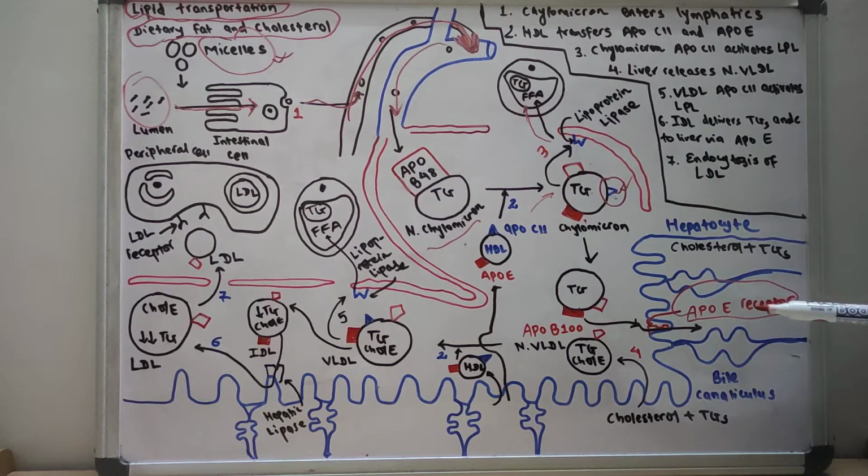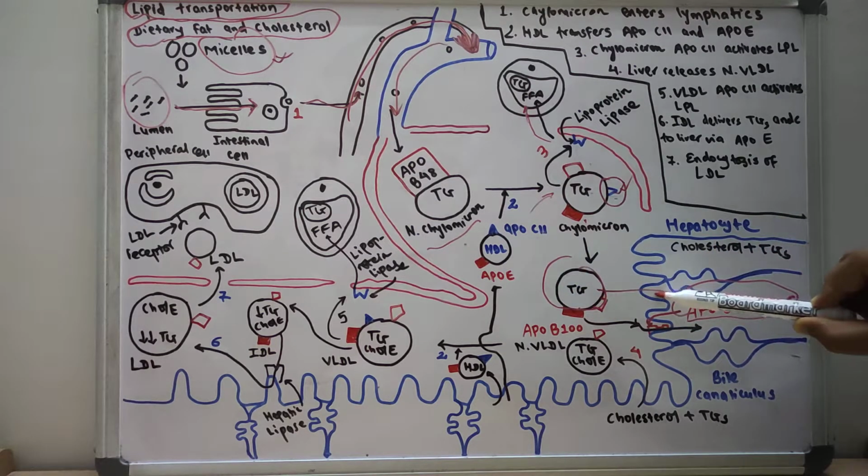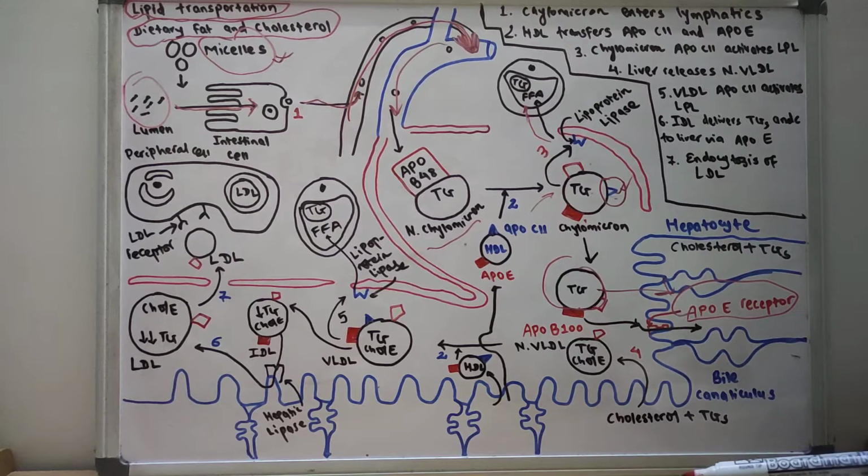So the ApoE receptor will mediate the uptake of the remaining chylomicron in the hepatocyte. So this remnant will be taken inside by the hepatocytes.